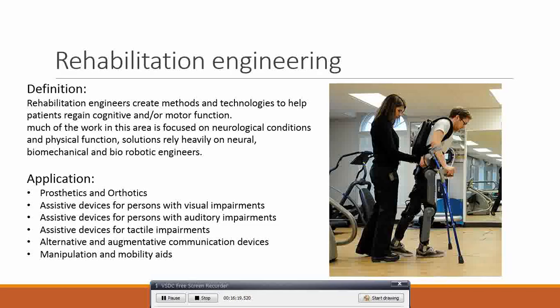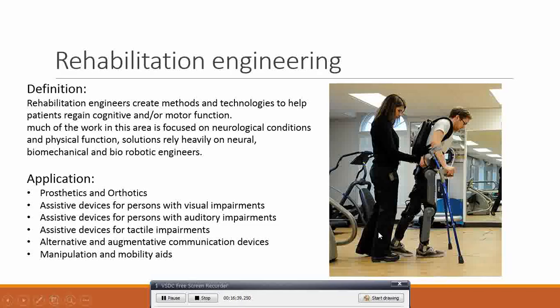So rehabilitation engineers create methods and technologies to help patients regain cognitive and motor function. Much of the work in this area focus on neurological condition, physical function. Solution rely heavily on neural, biomechanical and biorobotic engineers.